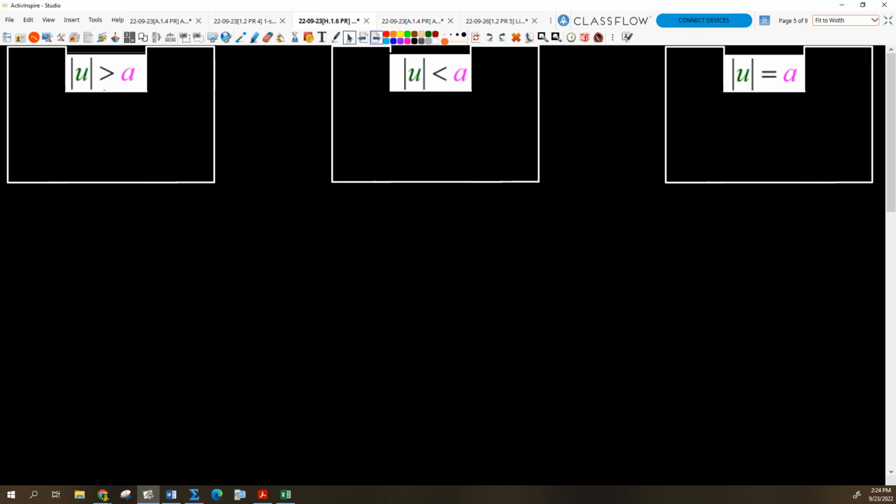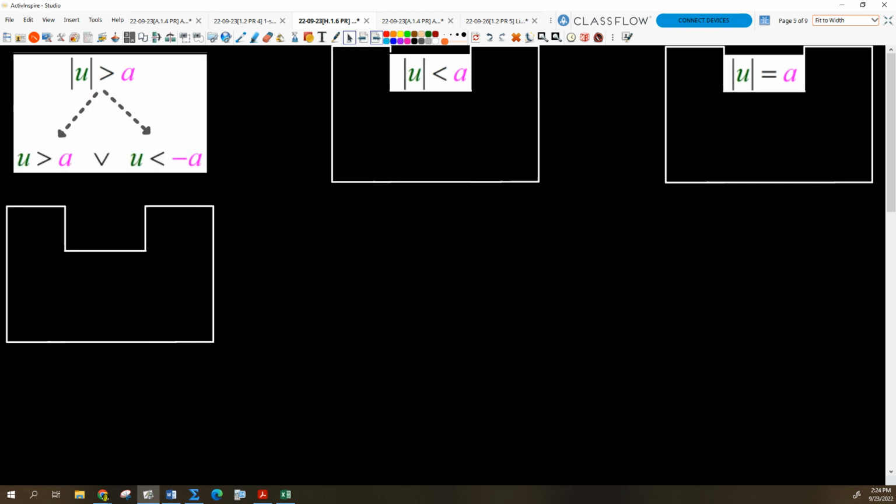Okay, what did we get? Shane, what did you get for the first one? U is greater than A or less than negative A. Yeah, everybody buy that? In either order, it doesn't matter. You could do U is less than negative A first if you want to. Or statements you can mix up.